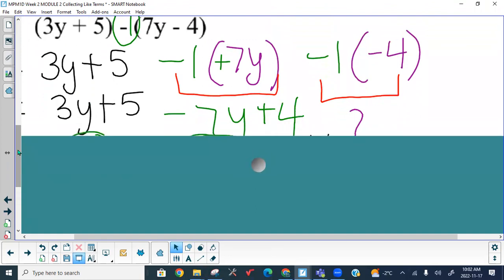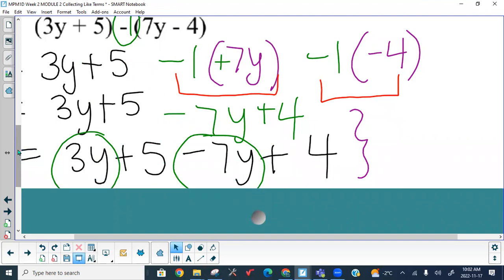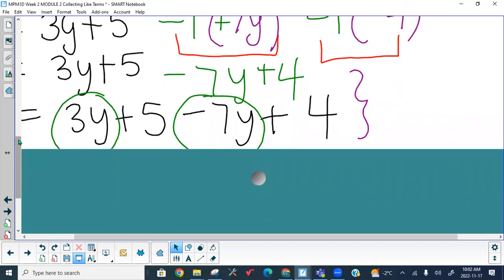So I have 3y plus 5. -1 times positive 7y is negative 7y. -1 times -4 is positive 4. And that gives me this: 3y plus 5, negative 7y plus 4.